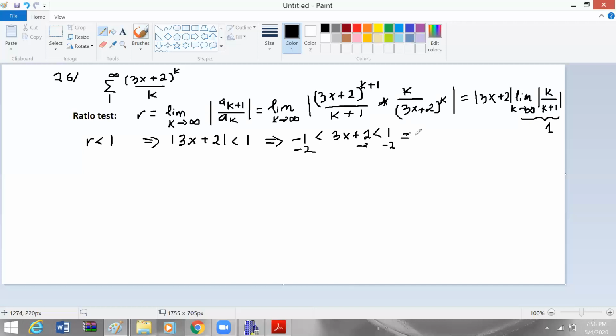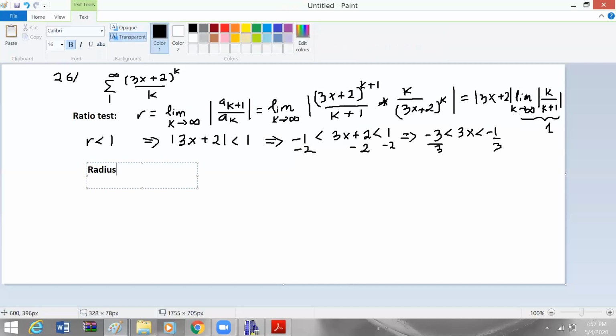I'm going to get -1 minus 2 is -3, less than 3x, less than 1 minus 2, which is -1. And I divide both sides by 3. So I got the radius of convergence.